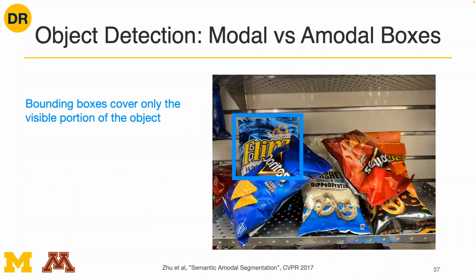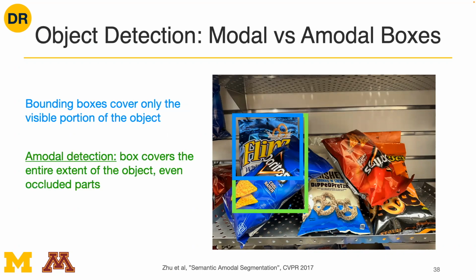The other type of bounding boxes that you'll probably see alludes to what we call amodal detection, where your bounding box covers the entire extent of the object in the space, even though only a few pixels correspond to that particular object in this scene.